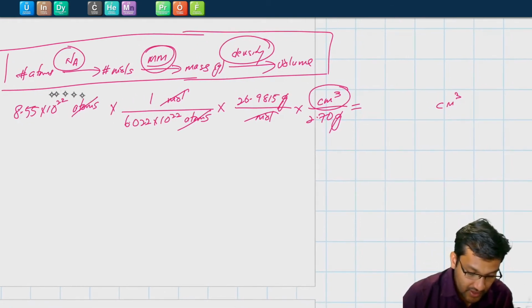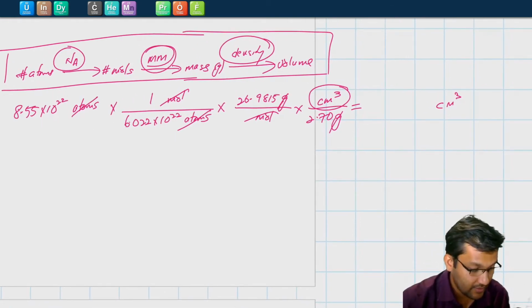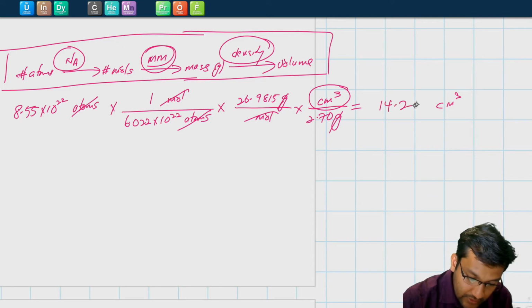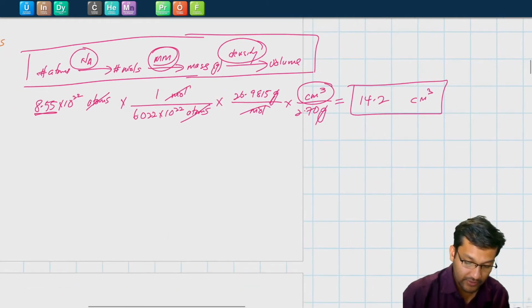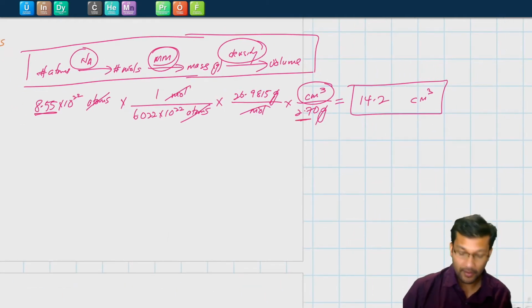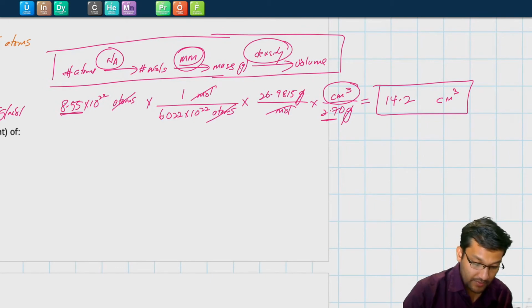All right, so if we punch all of these numbers into our calculator, we end up with a volume of 14.2 centimeters cubed. To 3 significant figures, we get 14.2 centimeters cubed. Okay, that's one part of the problem.